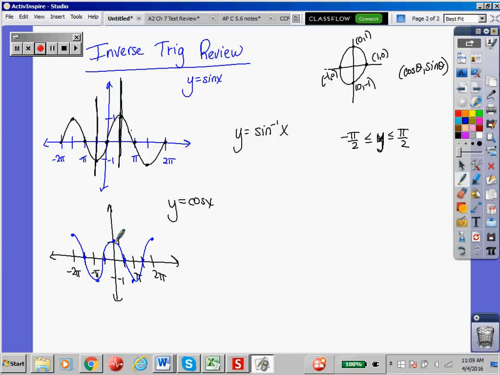So let me ask you this. Where can I chop it so that it would pass the horizontal line test? Okay, definitely. From pi to 2 pi, it passes. Where's another chop? 0 to pi. Another chop is negative pi to 0, negative 2 pi to negative pi. Well, the agreed upon chop is 0 to pi. Okay, that's what mathematicians have done.